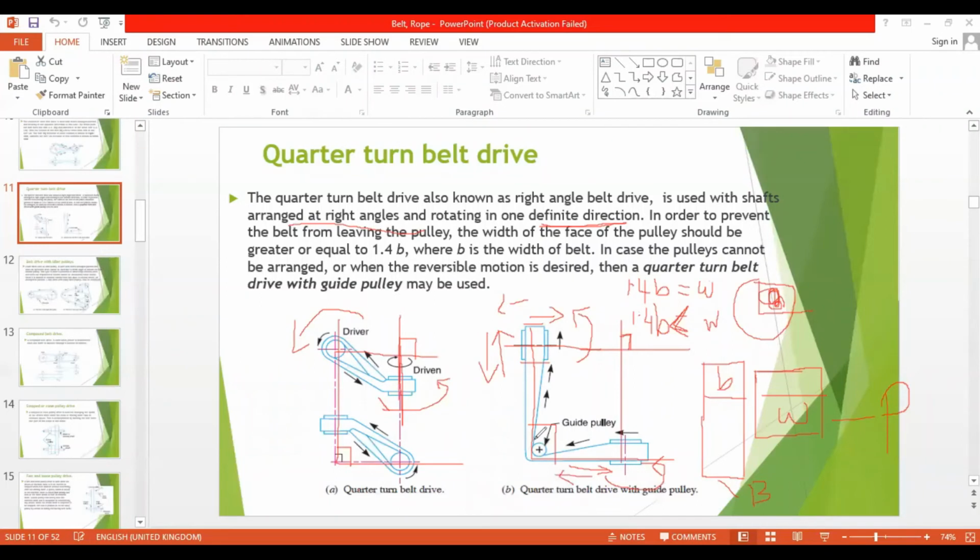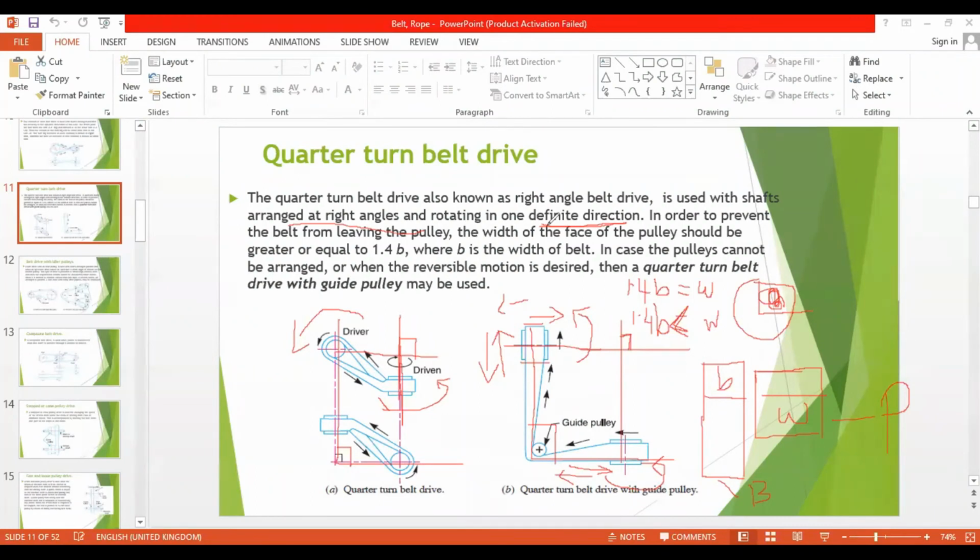So the chance of moving out of the track is less when compared to a system without a guide pulley. Say, for example, if this is rotating this way and this is rotating this way, it is better to have that particular direction. We can't change it to let this move in this direction and that move in that direction. That's difficult, so that's what is mentioned as one definite direction.